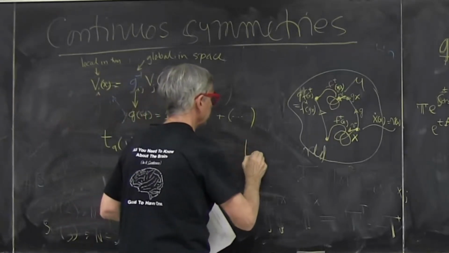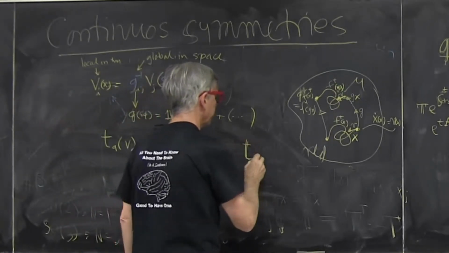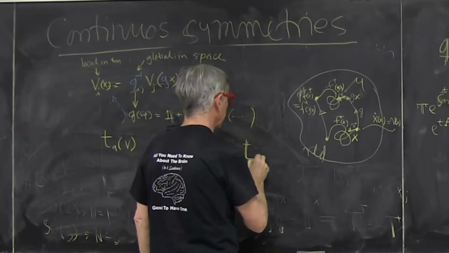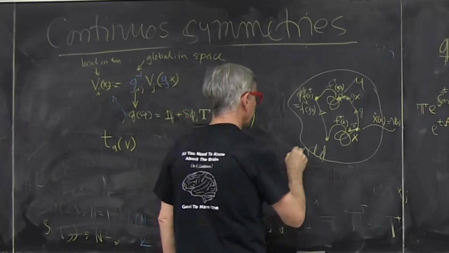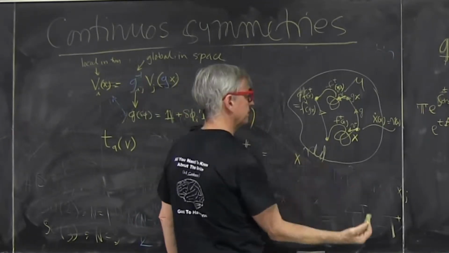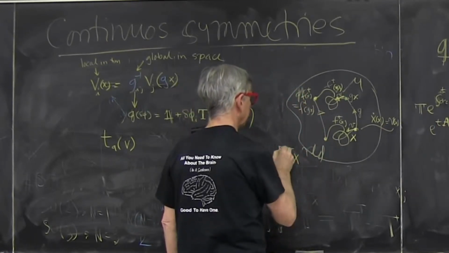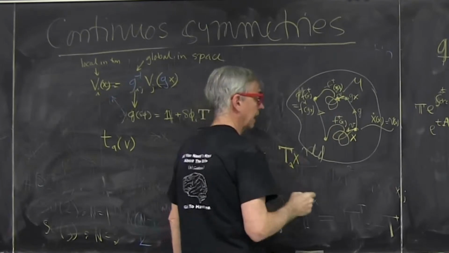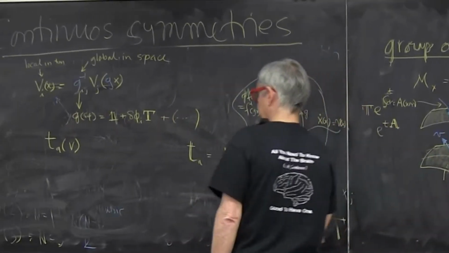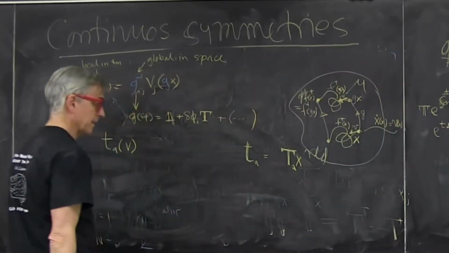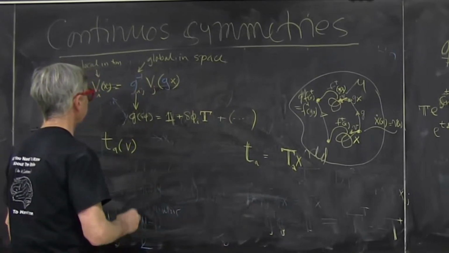Let me explain. The tangent, again, is always defined the way you would define angular momentum. So the tangent in direction A is: you're at point x and you rotate it by the matrix T in direction A. And there are N independent directions for group parameters, these capital N parameters.